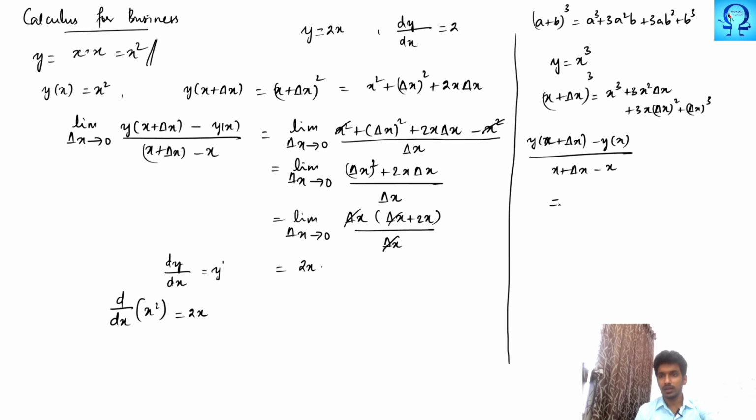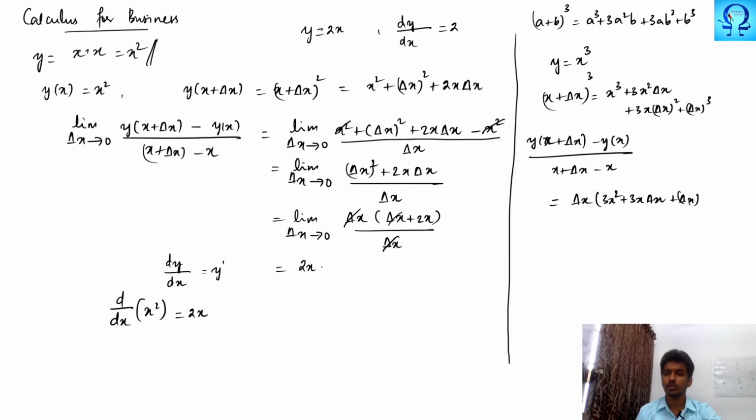Let me not do it completely. So this one you may very well see that you can take delta x out of the numerator, since the x cube and the x cube over here will get cancelled, and we'll have 3x square plus 3x delta x plus delta x whole square upon delta x, and these two get cancelled and we'll be left with this.